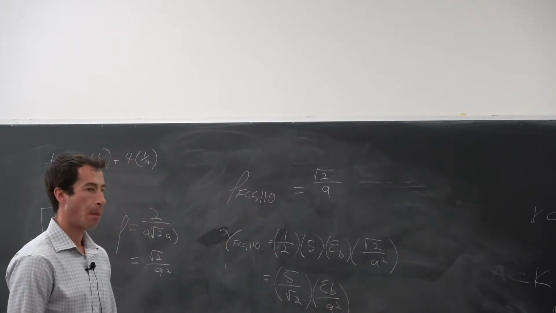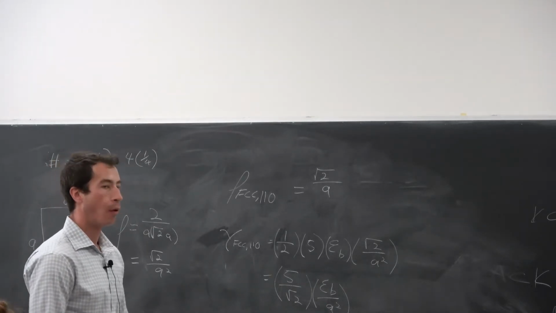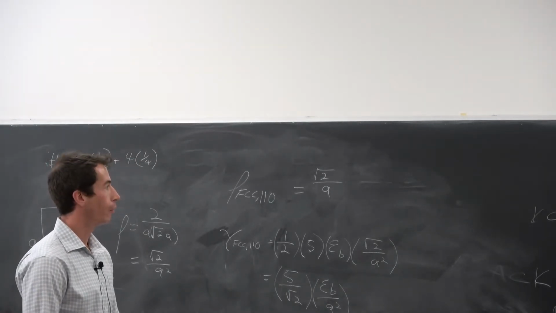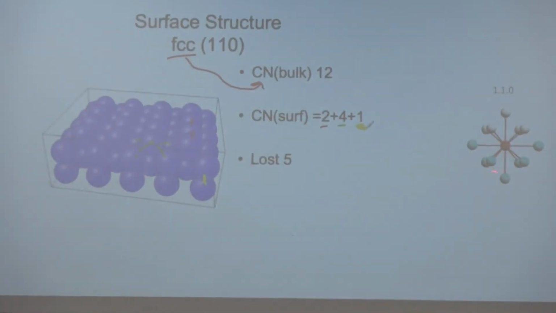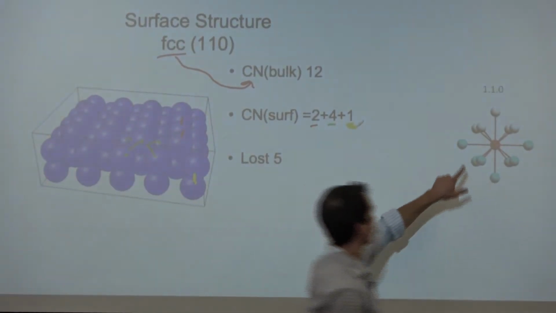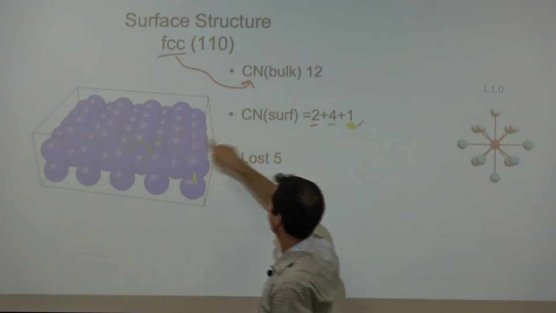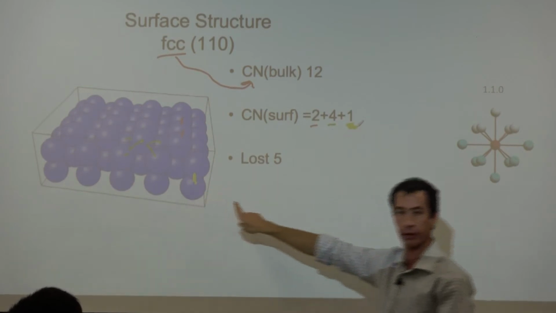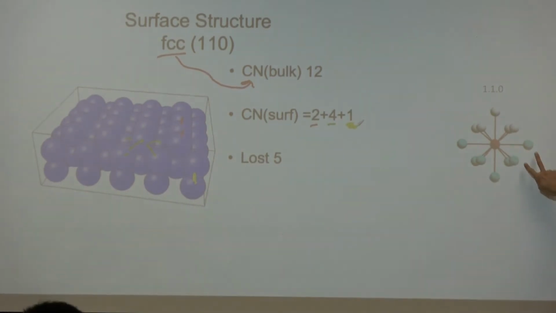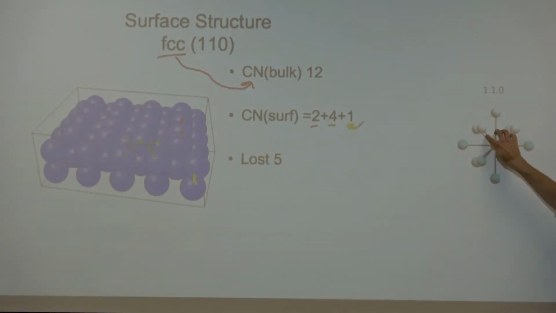Yes? Just based on the chart that we have for 0 plane. Based on this, right? So we still have 7 nearest neighbors. 1, 2, 1, 2, 3, 4, plus 1 directly below. So we still have 7 nearest neighbors, meaning we had 5 bonds broken. Okay?